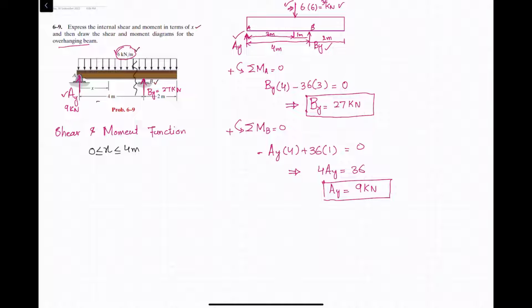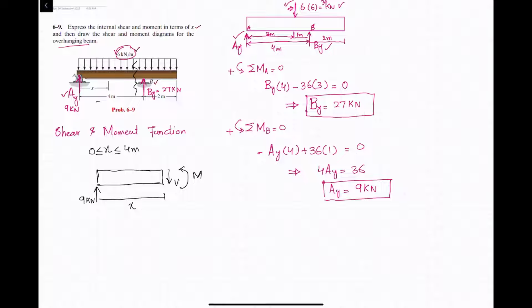You can cut the beam anywhere and you have to draw the free body diagram. This is point A where we have 9 kilonewton. The length is x, which we do not know, because x is greater than or equal to 0 and less than or equal to 4. Whenever you cut the beam, there will be a shear force V and an internal moment M.